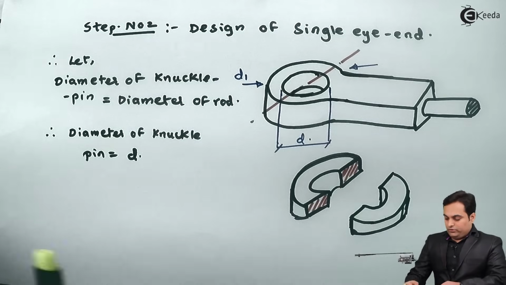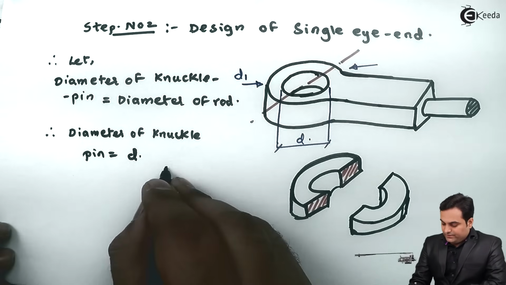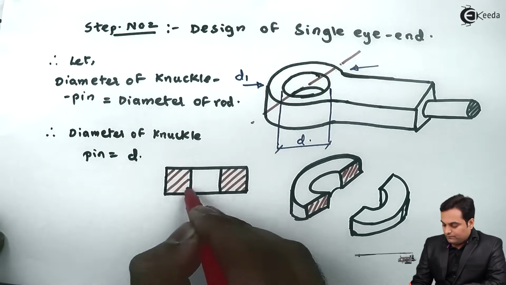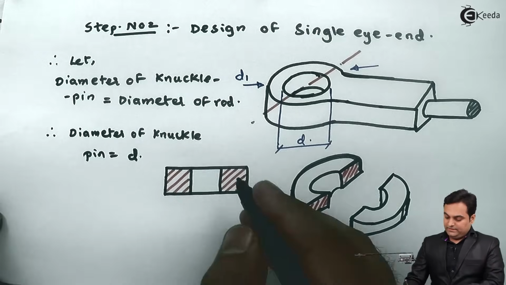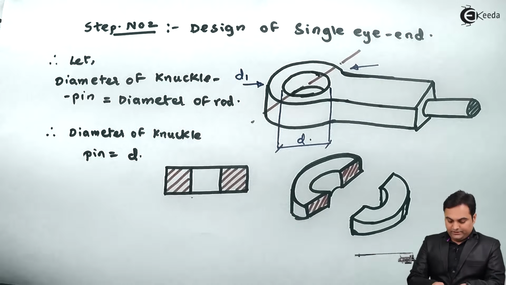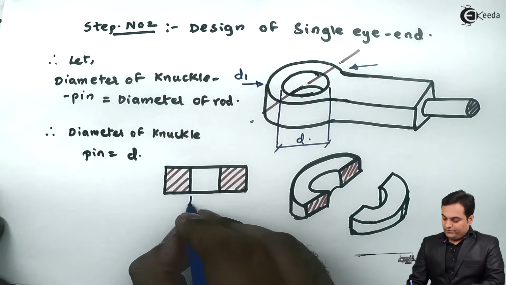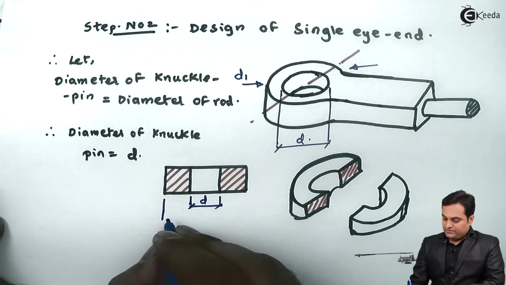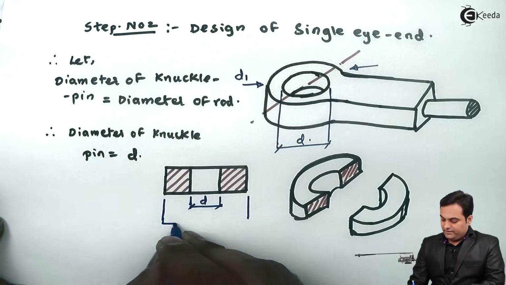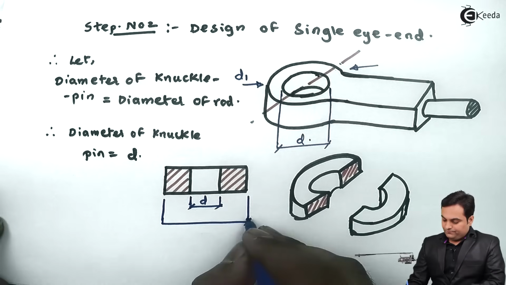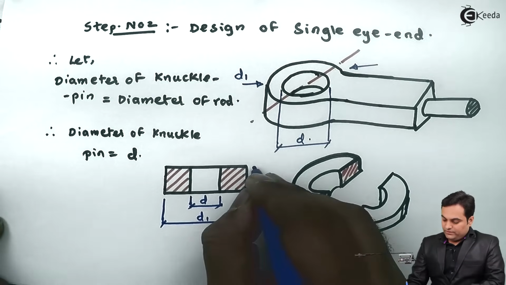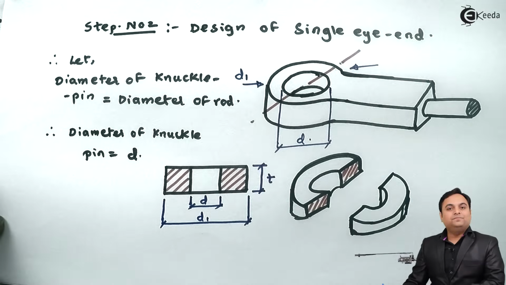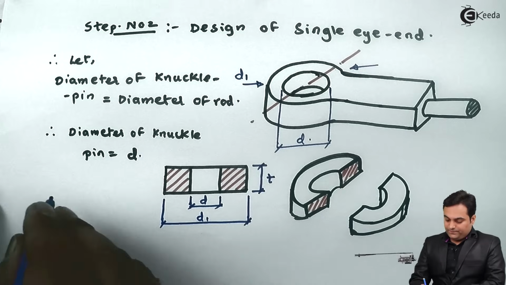I'll draw this resisting area here. Now here I'll say that this is the diameter of knuckle pin which would be inserted, that is the internal diameter of single eye end. This is the external diameter which is denoted by D1, and here is the thickness which is denoted by t. So this is the resisting area.